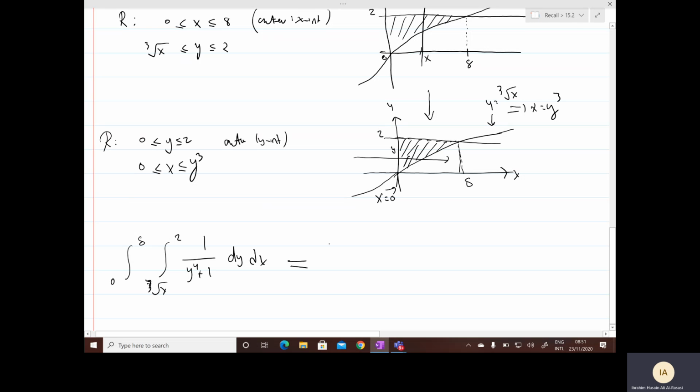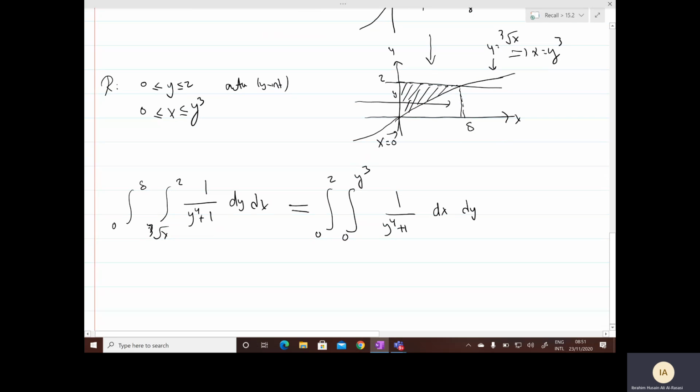Now it equals the double integral of 1 over y to the power 4 plus 1, now dx dy. You switch. What are the limits? What is the y interval? 0 to 2. What is x? It will be from x equal to 0 to x equals y cubed.